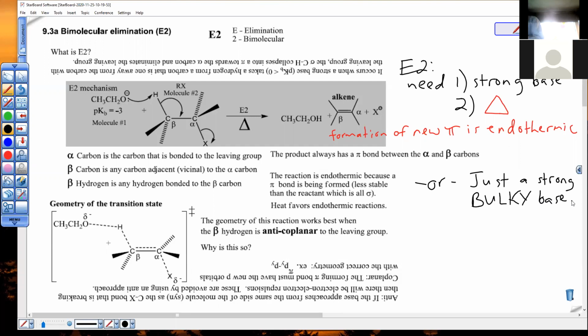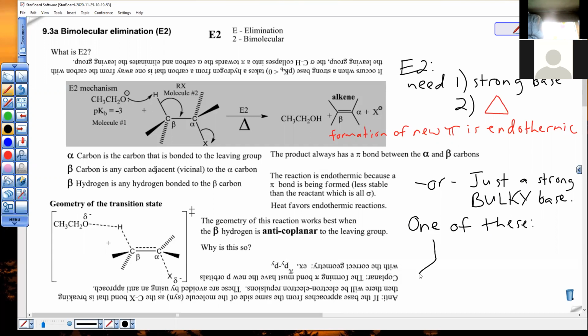And I'm going to give you the strong bulky bases that you'll see in this course. I'm just going to make your life a little simpler. One of these. I'm going to limit to these, okay?